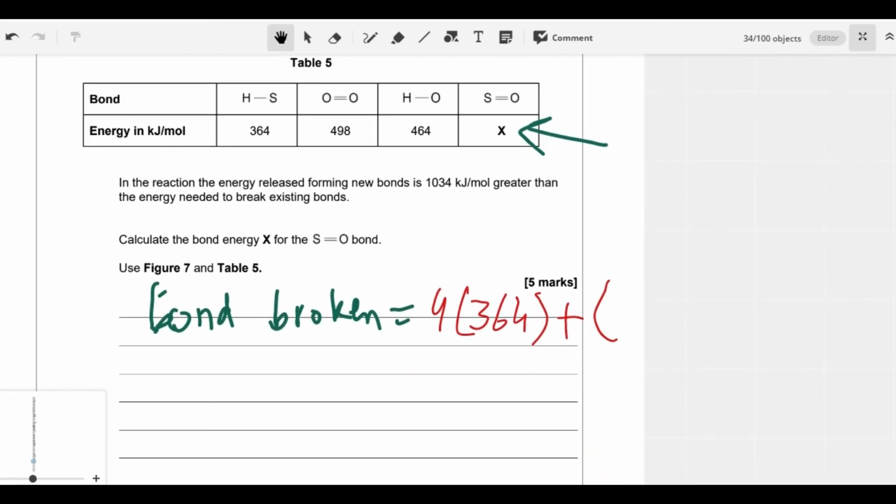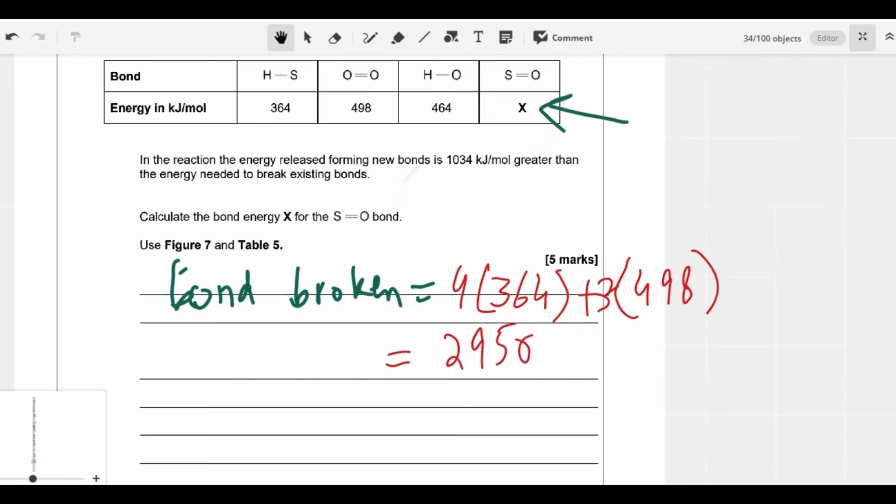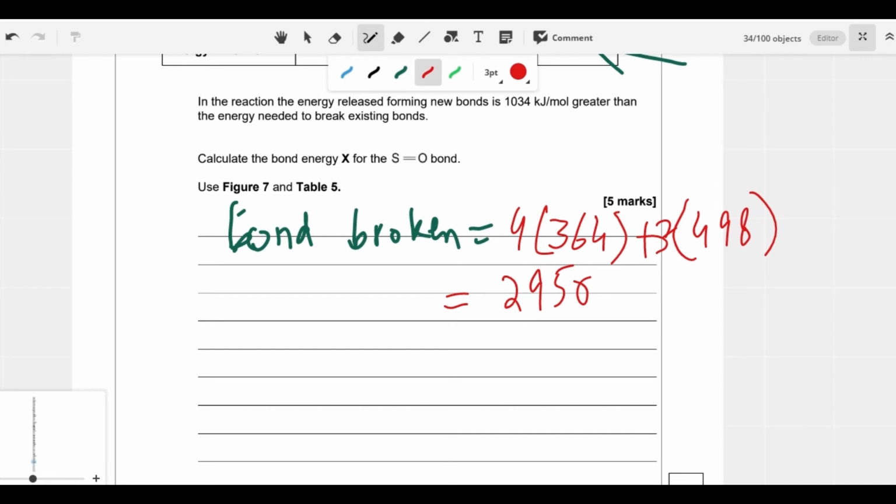So that should be 3 times 498. Okay, so bond broken will equal 2950.